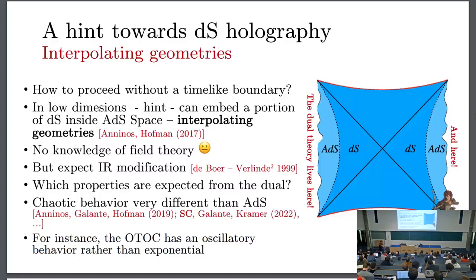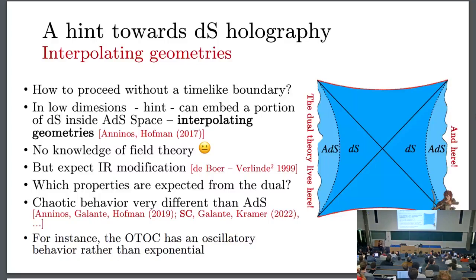So we don't know exactly what the field theory is, but we can carry out some gravitational calculations in this background to try and see what we expect if indeed this space-time has a dual. And some of these calculations have been carried out, and in particular, when thinking about chaotic properties, what was seen is that these space-times have very different expected chaotic properties than AdS.